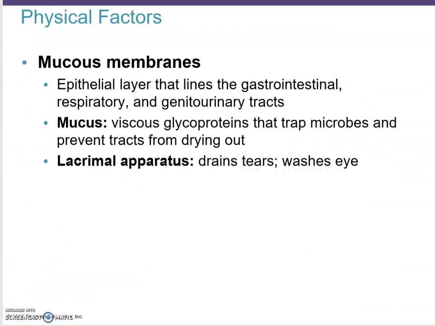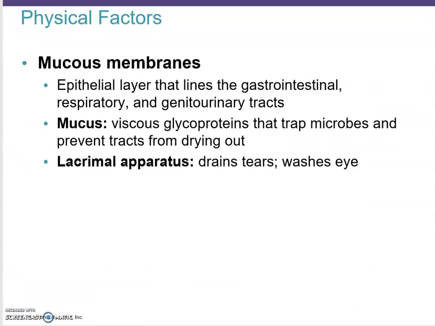Physical factors continued would also be mucous membranes. Now mucous membranes are moist, and so that's much more of the type of growth medium that bacteria would like. And so you need to put stuff on top of your mucous membranes to limit the growth of microorganisms. Mucous membranes are the epithelial layers that line the gastrointestinal, respiratory, and genitourinary tracts.